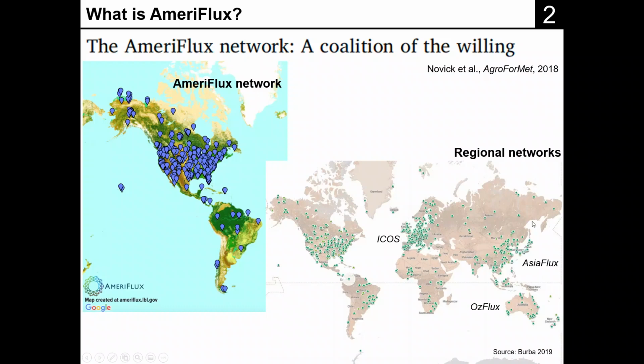There is AsiaFlux with flux towers all across Asia, and OzFlux with Australian and New Zealand flux tower sites. But there are also sites in Africa, and some of them originate back to a project called CarboAfrica, but also more recent flux towers that have been added in Africa.